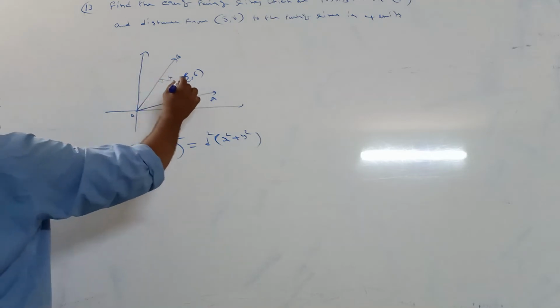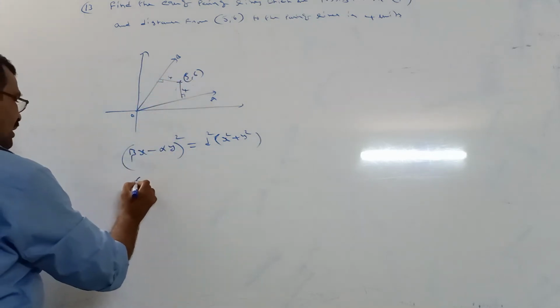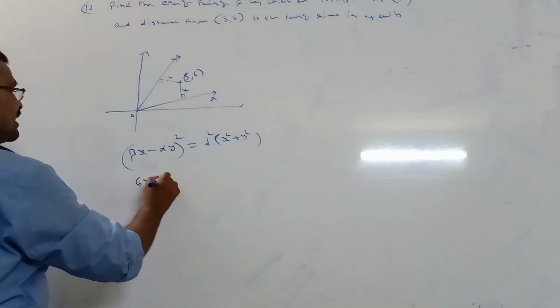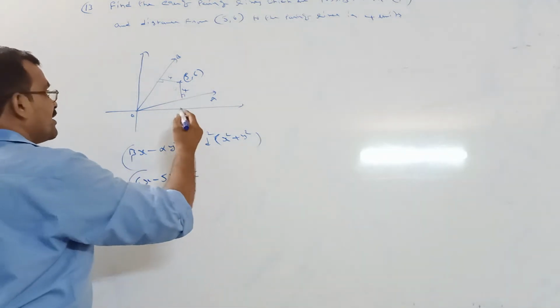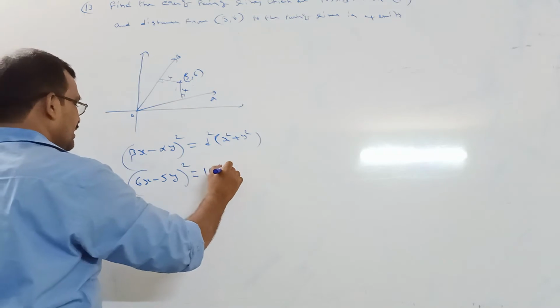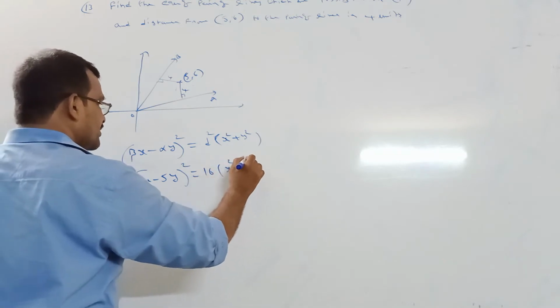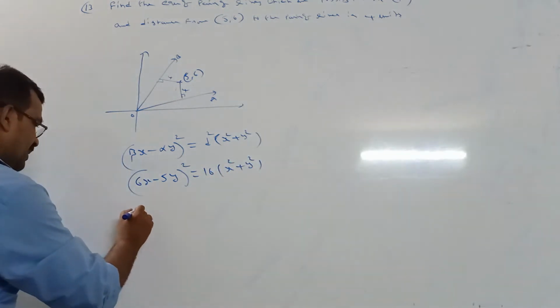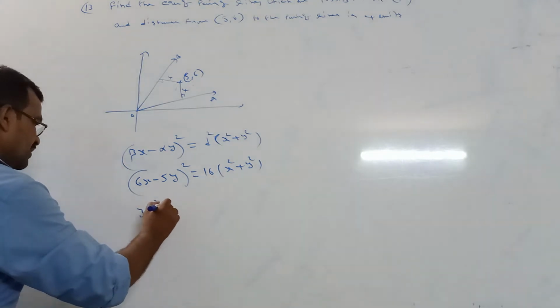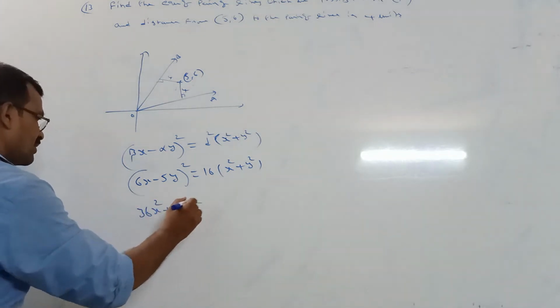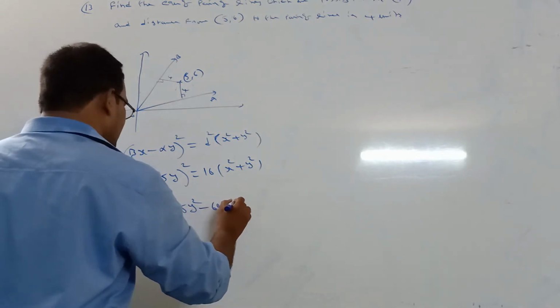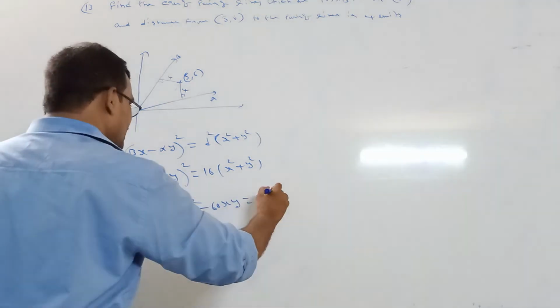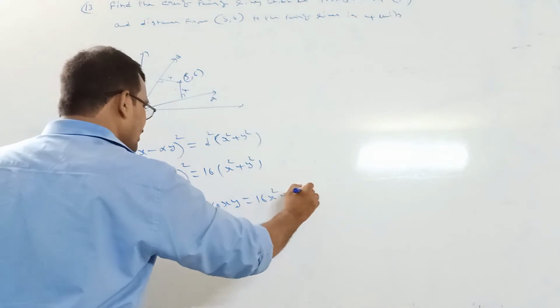Our point should be (alpha, beta). That means (6x minus 5y) whole square equal to 4 square, that is 16 into (x square plus y square). So expand it: 36x square plus 25y square minus 60xy equal to 16x square plus 16y square.